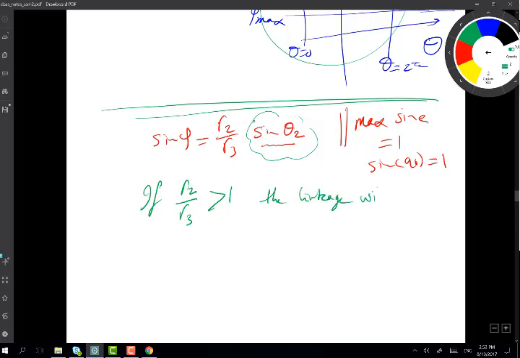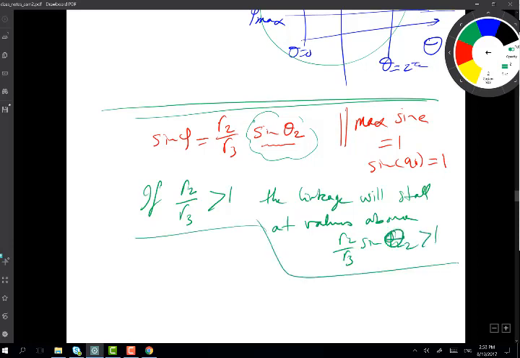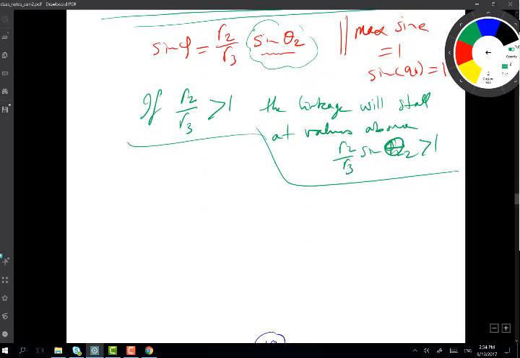The linkage will stall at values where R2 over R3 sine theta 2 is greater than 1. 100% it is going to stall. If you think in terms of drawing, here this is R3, and this is R2, and this is theta 2.